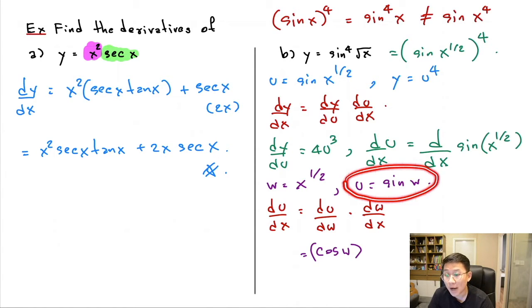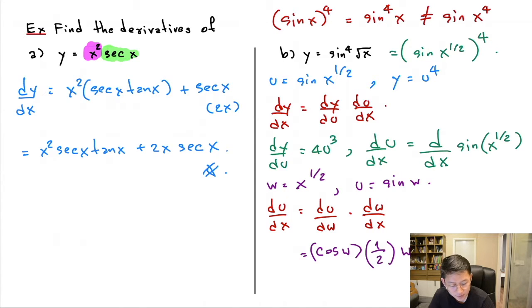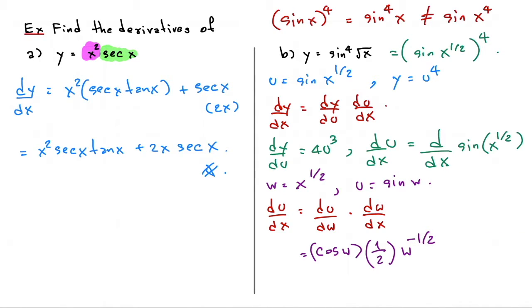So du by dw is cos w. The derivative of sin is cos. See? And dw by dx would be 1/2 of w to the power of minus 1/2. And then I'll have cos w divided by 2 square root of w.